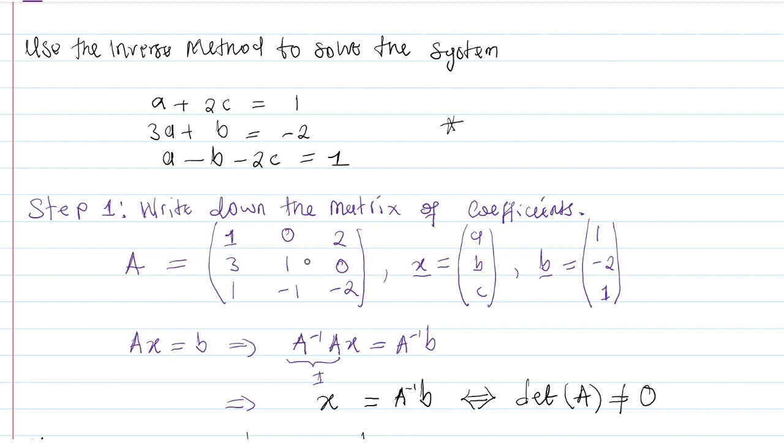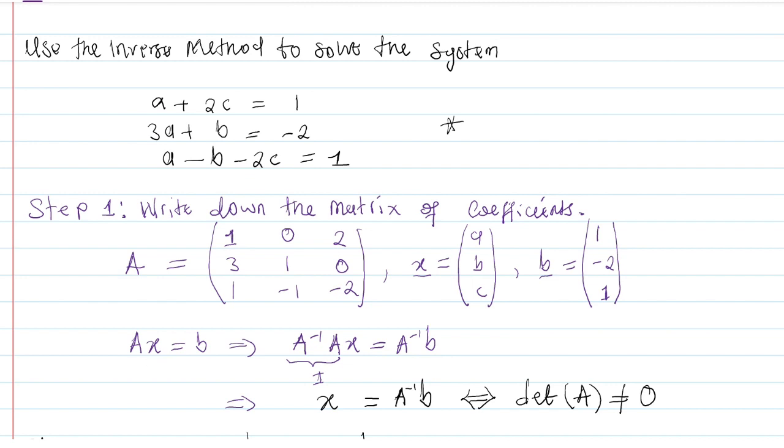You can see that if you multiply the matrix A with X, which is A, B, C, it will give you the left side of the equations, and B is the vector. So we can write this system as follows.